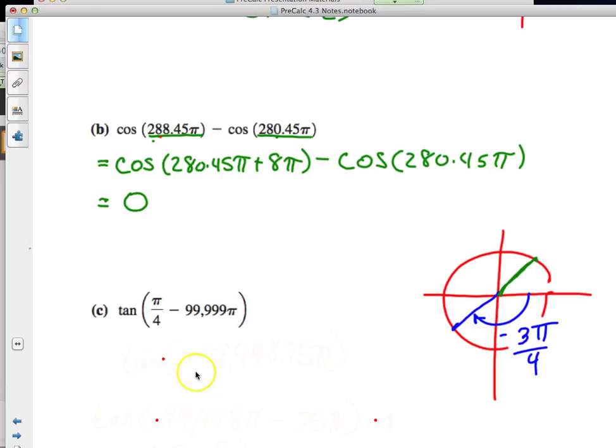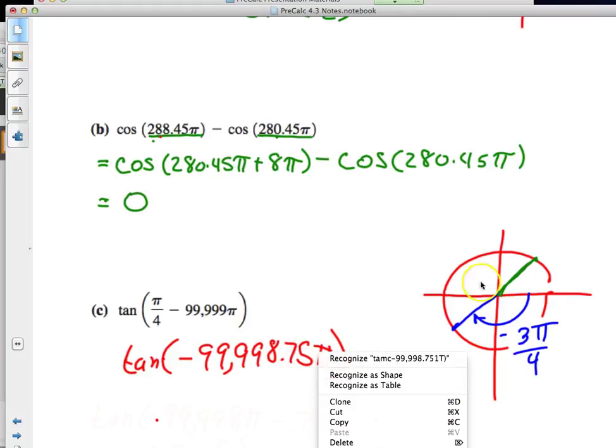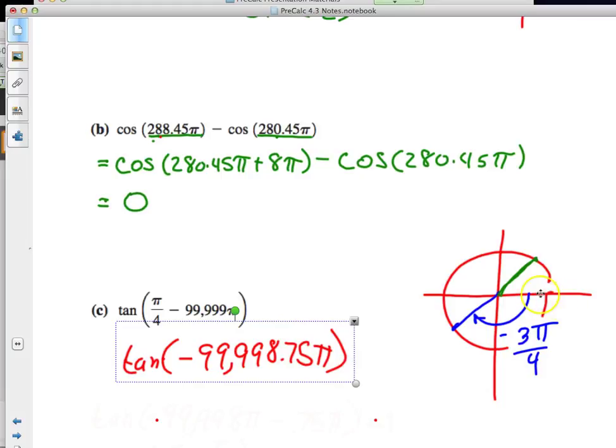Let's talk about it this way. If I look at this, this is an even number of rotations plus my negative 3 pi over 4. So if I start here and I'm at an even number of rotations, an even number of rotations always ends here. So that's odd, that's even, that's odd, that's even, that's odd, that's even, that's odd, that's even.